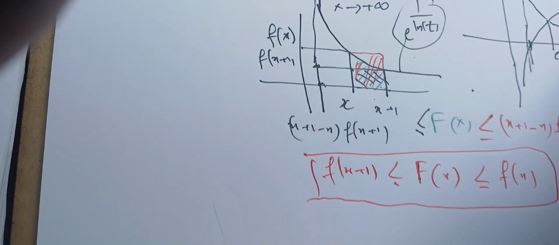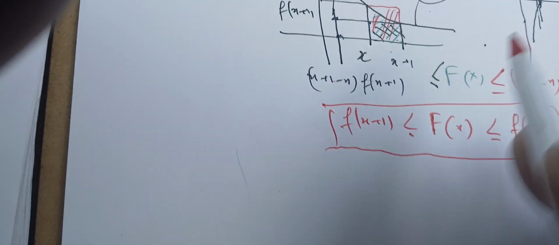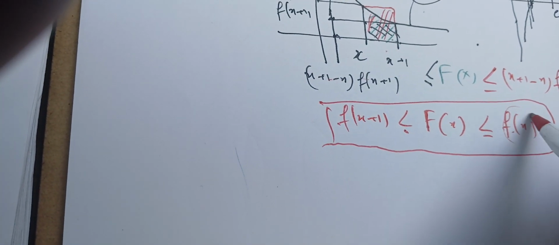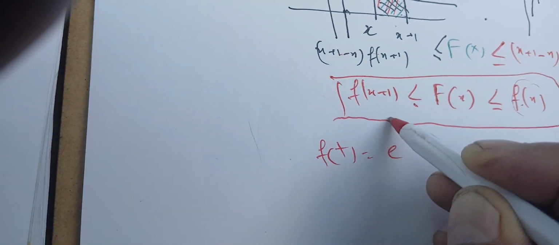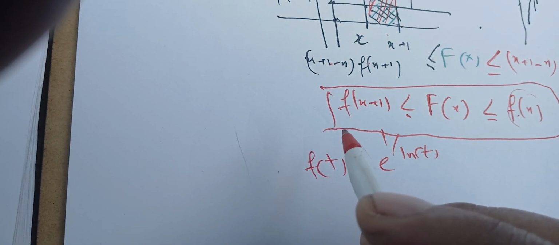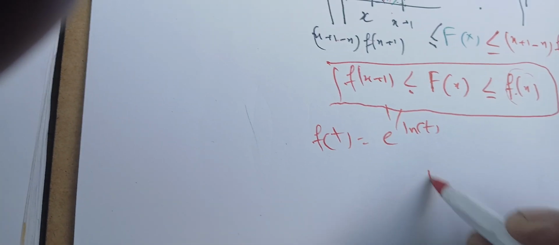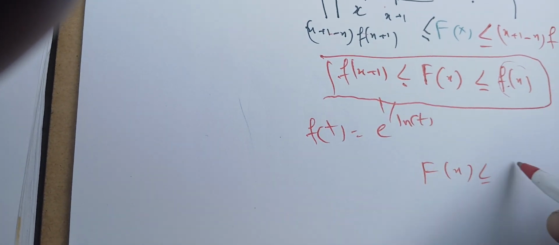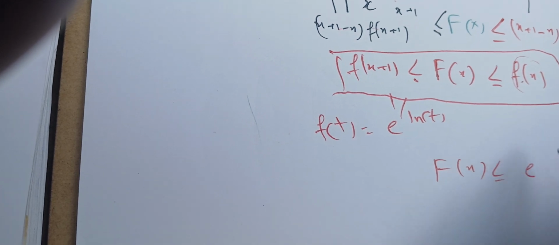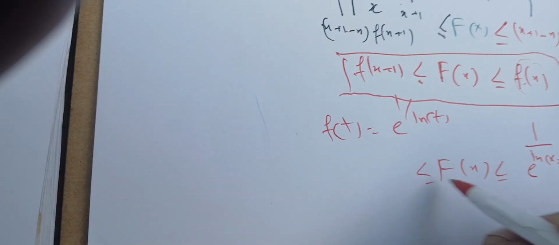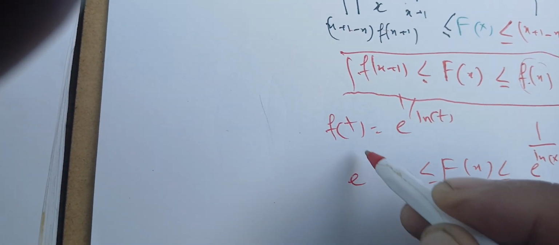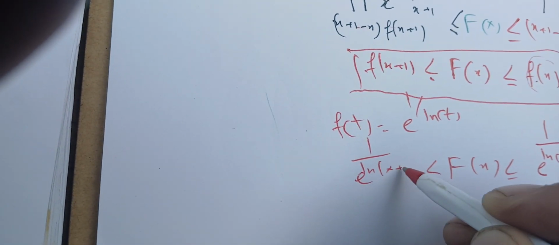Now I can let x go to infinity. Since I know f of x now, because f of t is e to 1 over ln of t, this means that big F of x is between e to 1 over ln of x plus 1 and e to 1 over ln of x.